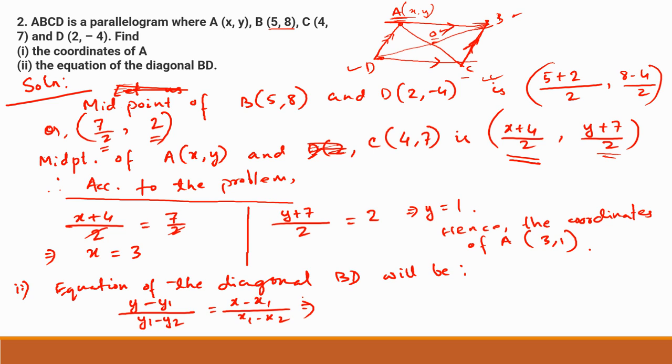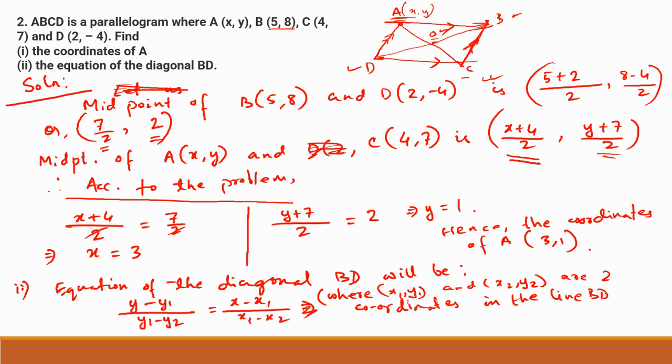In the exam, it's better to write in brackets where x1 comma y1 and x2 comma y2 are two coordinates on the line BD. If you want, you can write this line. This will make it more clear what x1 y1 are.